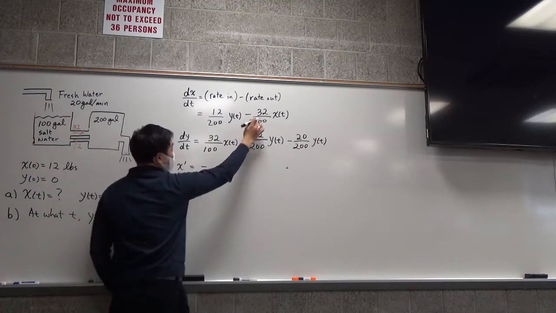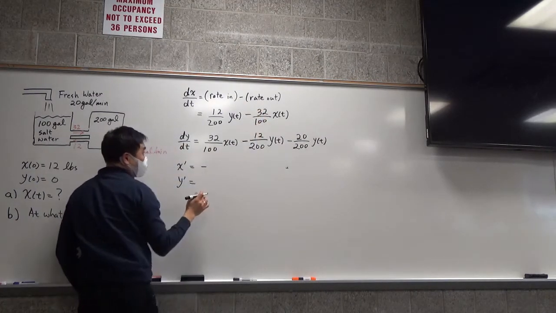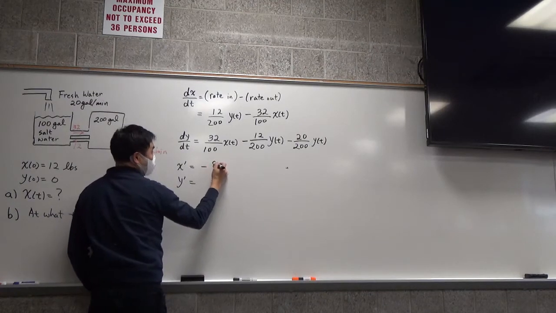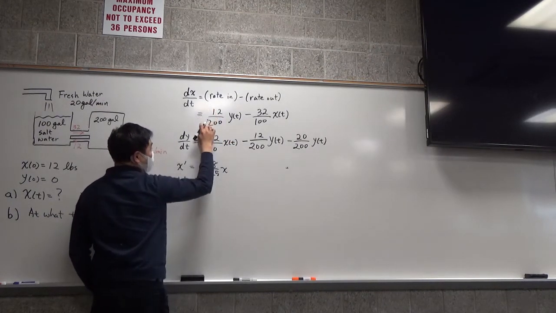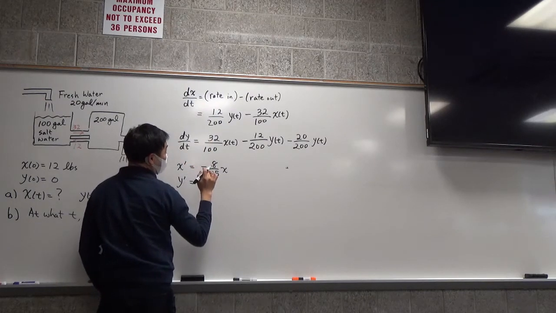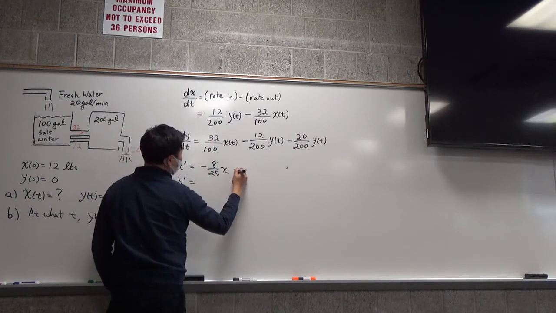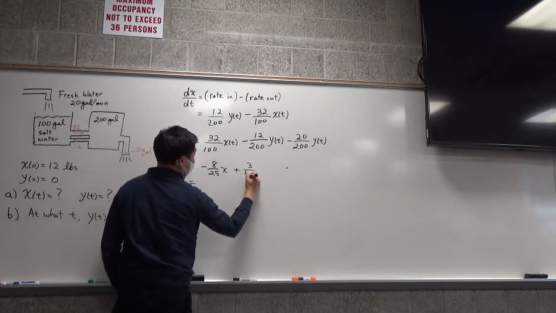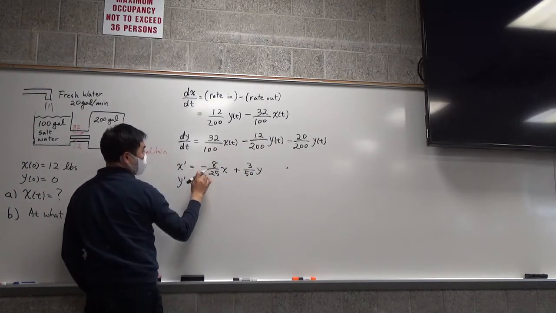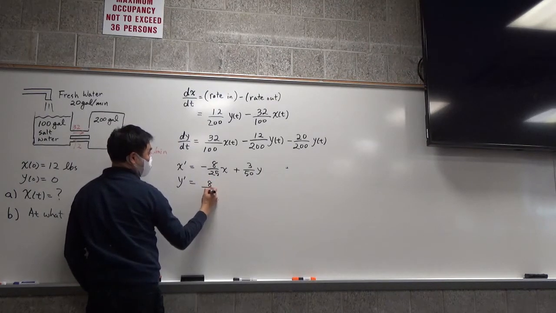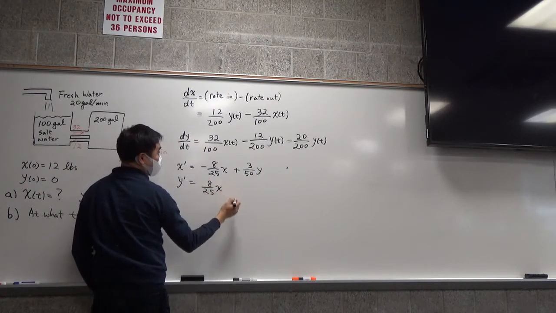let's see, top and bottom are divisible by 4, so 8 over 25 x. This one also, top and bottom are divisible by 4, so it's plus 3 over 50. This one is same as this one, so it's 8 over 25 with plus.